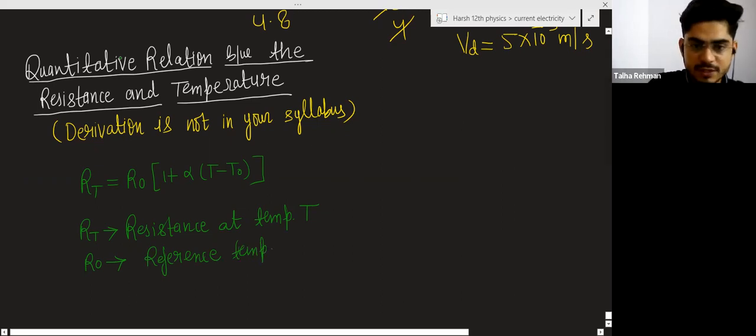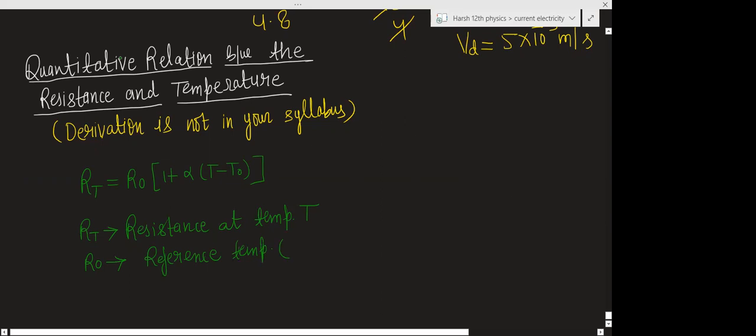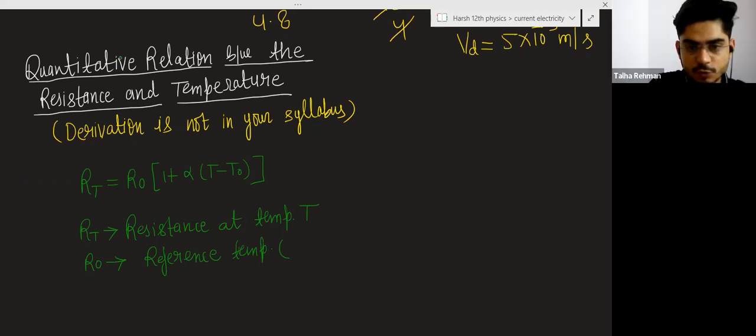And you will take reference temperature as either 0 degree centigrade or room temperature.